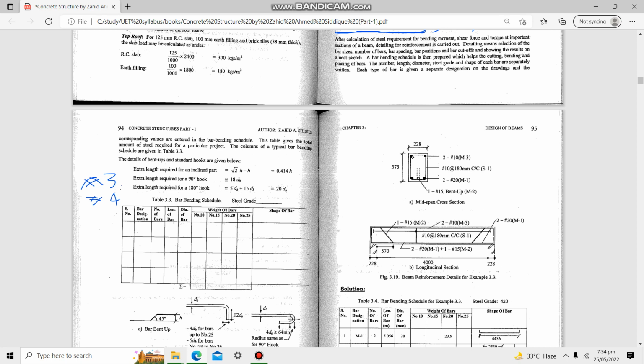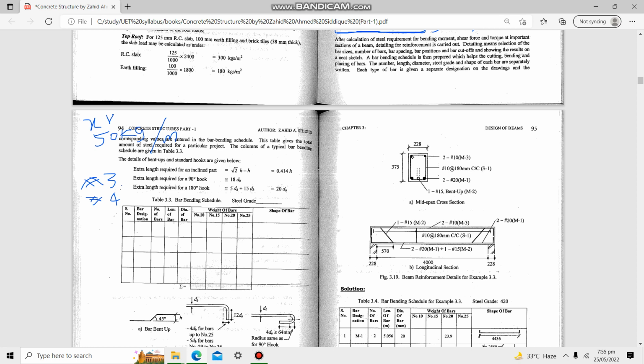So what is the logic of this weight? Normally when we talk about the bar bending schedule, we know the weight per unit length for different bars. For example, if I talk about number 8 bar, let's suppose I have an arbitrary value x, which is its weight per unit length. Let's suppose it is 50 kg per meter.